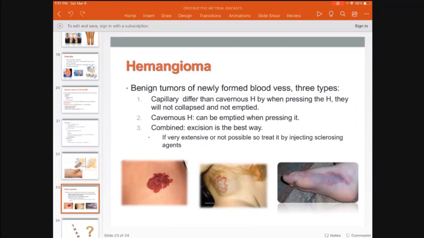Hemangioma is another thing. A hemangioma is a benign tumor of newly formed blood vessels. We have three types of hemangioma. The capillary one is different from the cavernous hemangioma. When you press on it, it will not collapse and not disappear. This is what we see on the left side.